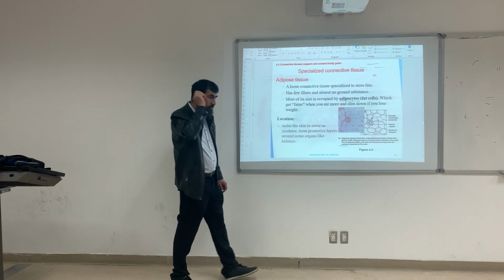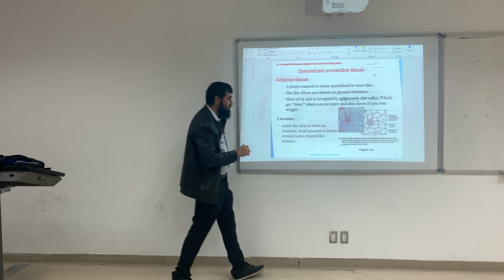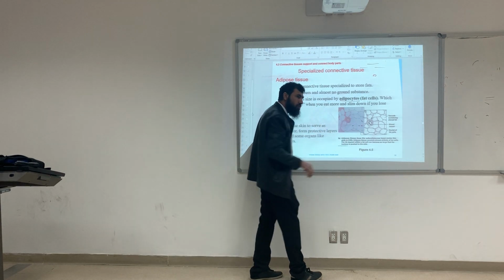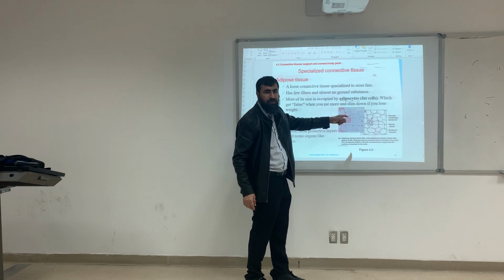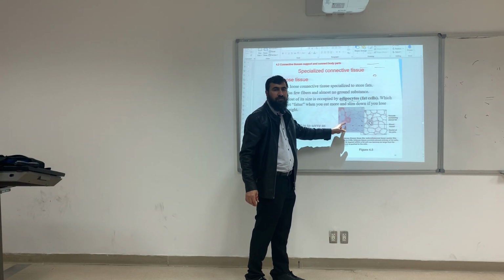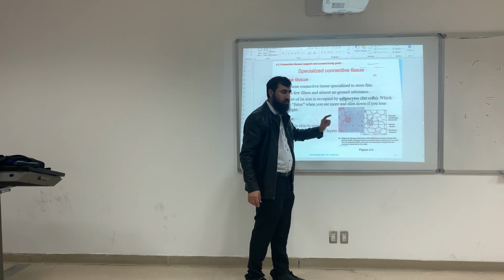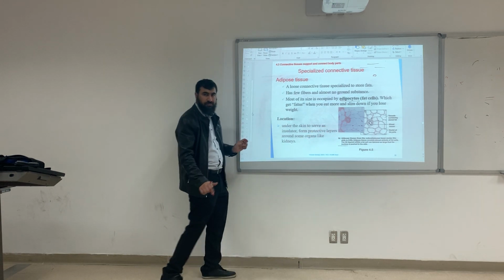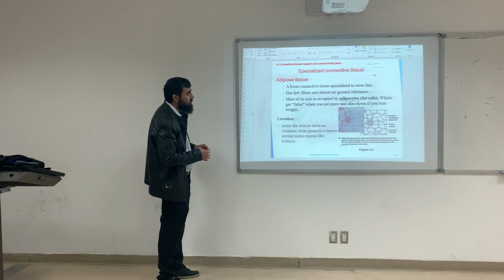That's how you identify them, okay? By the nuclei at the periphery. Sometimes students confuse these with the lung alveoli. It's not. This is a different magnification to that, okay? That's why you can't tell the difference, alright?